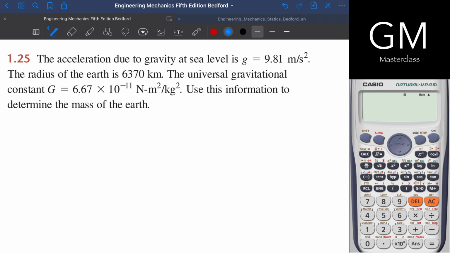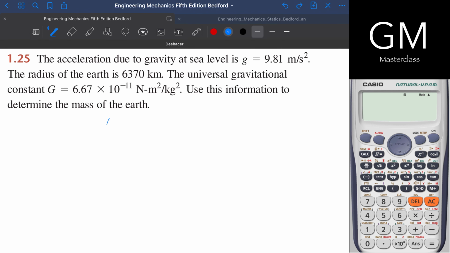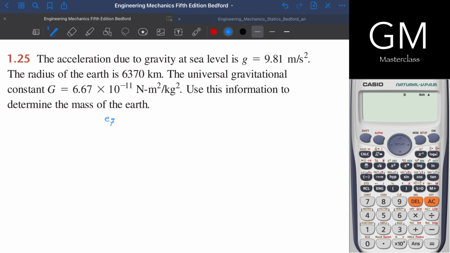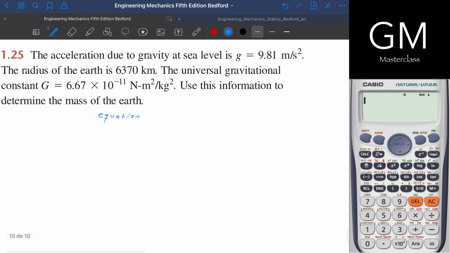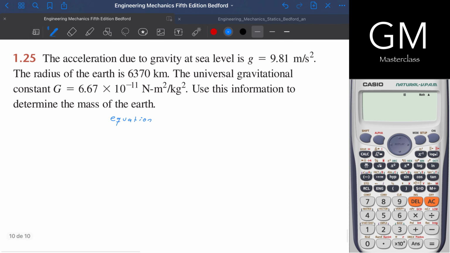So first, what I'm going to do here is get the result as fast as I can. Why is that? Because I'm going to start with an equation that was actually proposed by Isaac Newton, and I already know that some of you understand the equation and just want to understand the exercise, but some of you also don't understand the fundamental physics behind this equation.